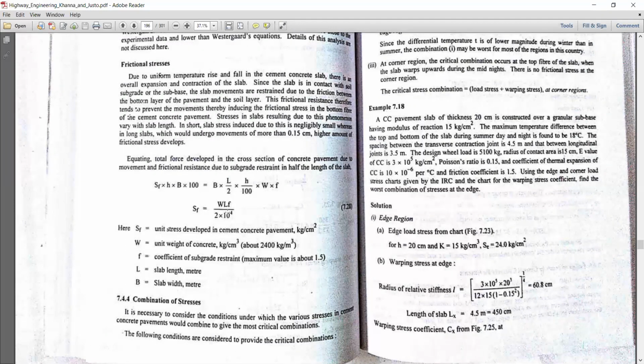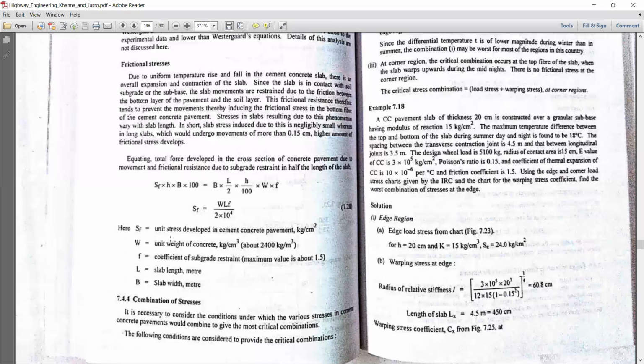Directly, we just refer to the formula SF is equal to WLF upon 2 into 10 raised to 4, where SF is the unit stress developed in the cement concrete pavement and W is the unit weight of concrete, about 2400 kg per meter cube. That is load by density. F is the coefficient of subgrade reaction, maximum value about 1.5.